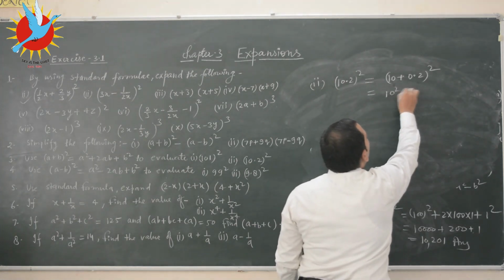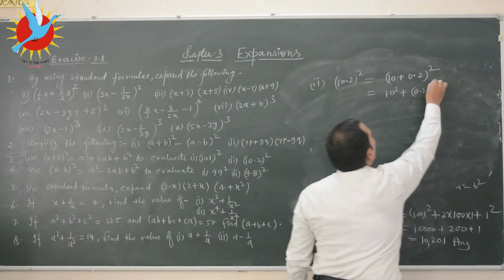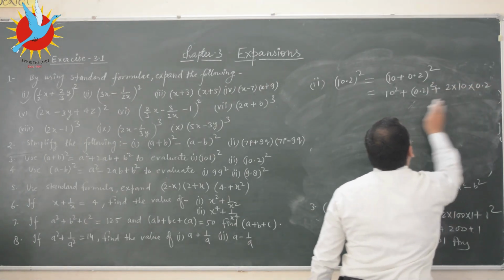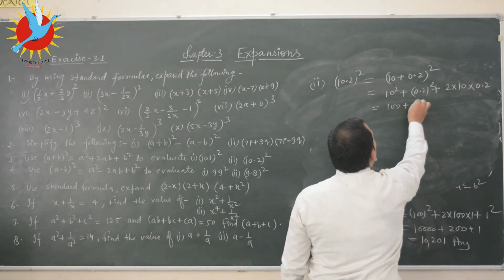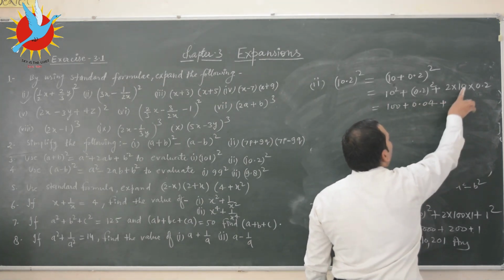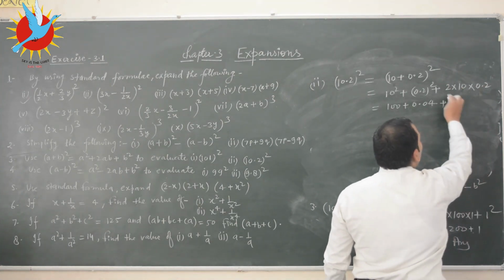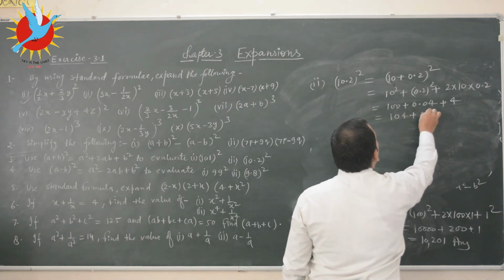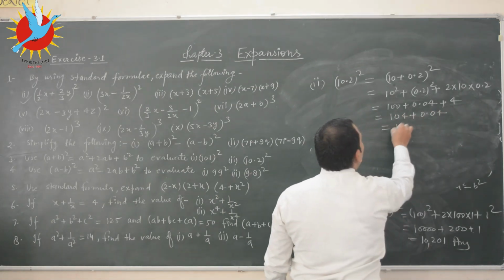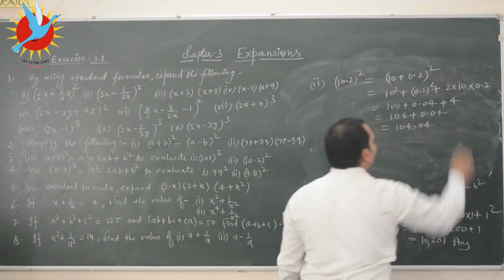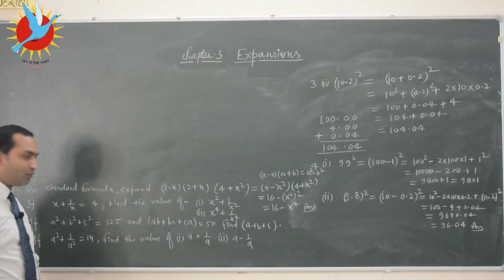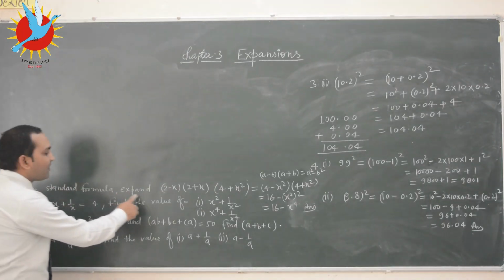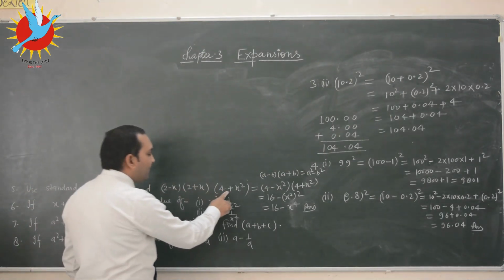So a square plus b square plus 2ab, 2 into 10 into 0.2, which is equal to 100 plus 0.04 plus 10 into 0.2 is 2, 2 times 2 is 4. So we write 104 plus 0.04, which is equal to 104.04.